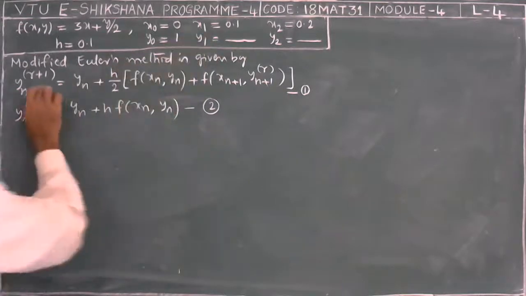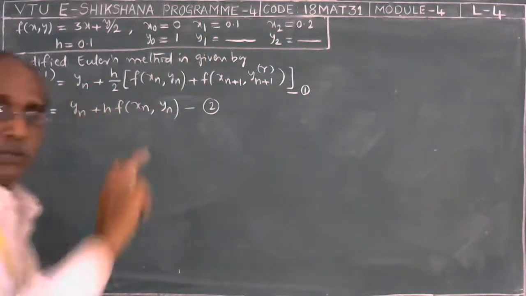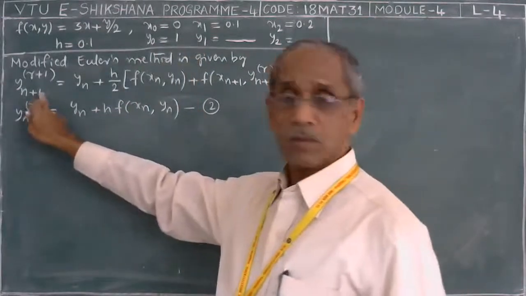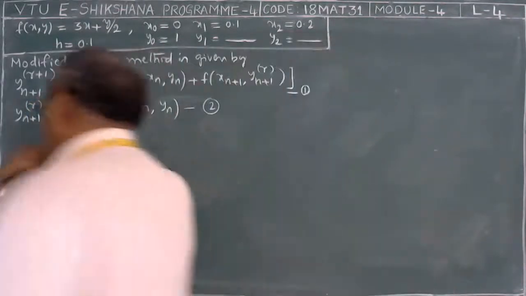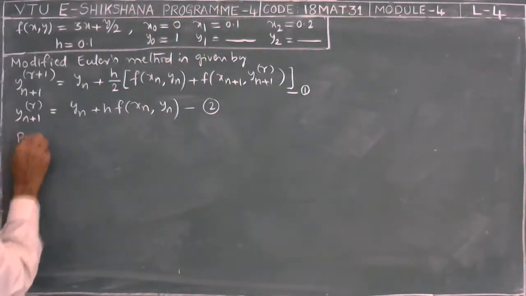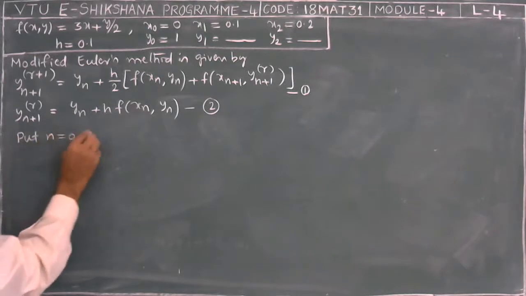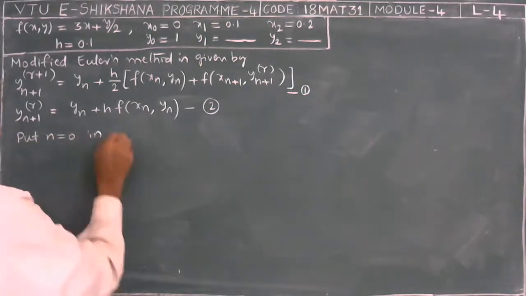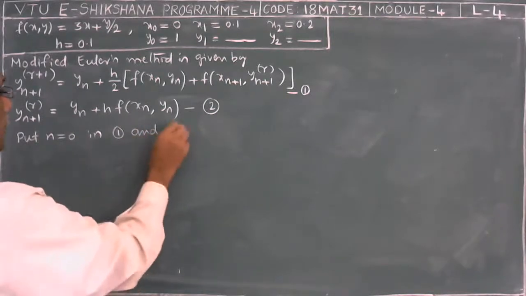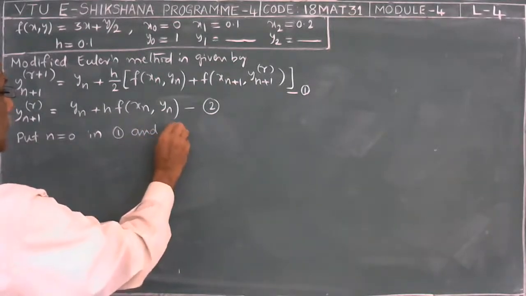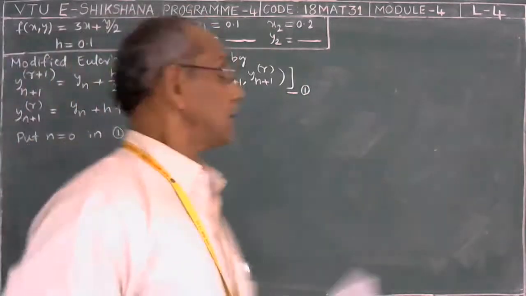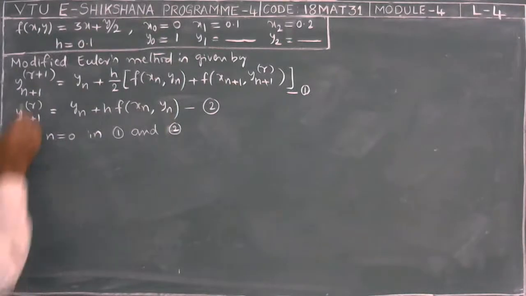Now to get y1 I have to fix n is equal to 0 in 1 and 2 and then calculate. So put n is equal to 0 in 1 and 2. What do you get when n is 0?